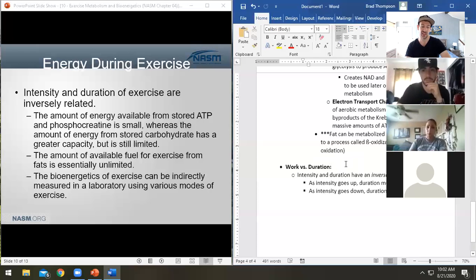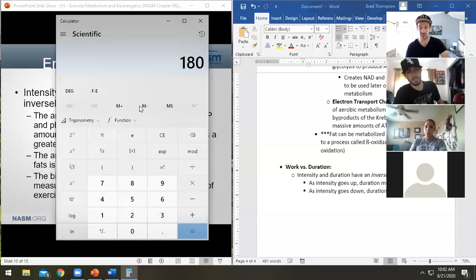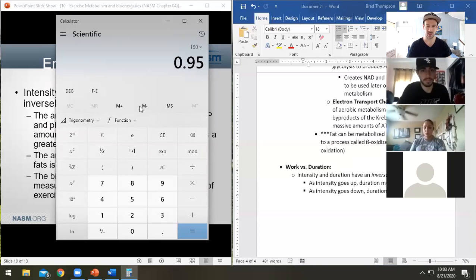If you look at somebody who weighs, let's say, 180 pounds, and let's say they have 5% body fat, right? This is somebody who has practically no fat. 180 times 0.05 means they have 9 pounds of fat. That's 31,500 calories worth of energy once you get to your aerobic metabolism.